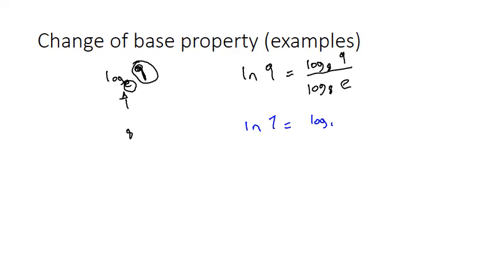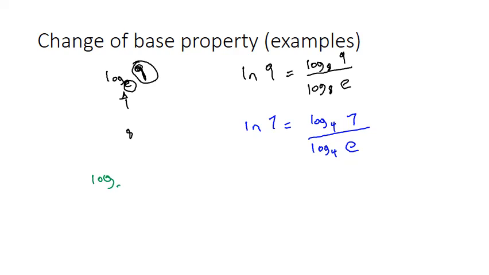So we would have log base 4 in both the numerator and denominator, and we would use 7, our argument, in the numerator, and the base we're currently using, which is e, in the denominator. Let's try one more. And of course, you can pause it and see if you come up with the same answer that I do.